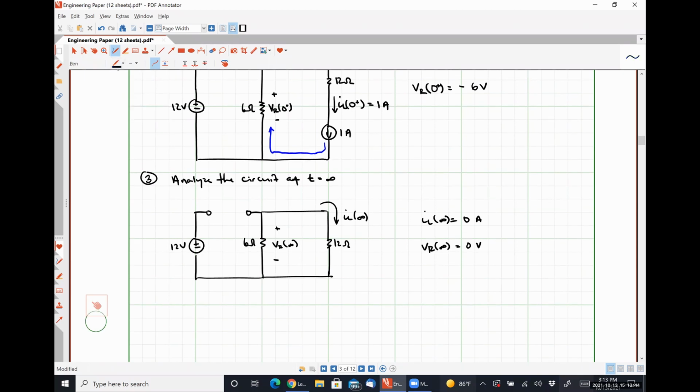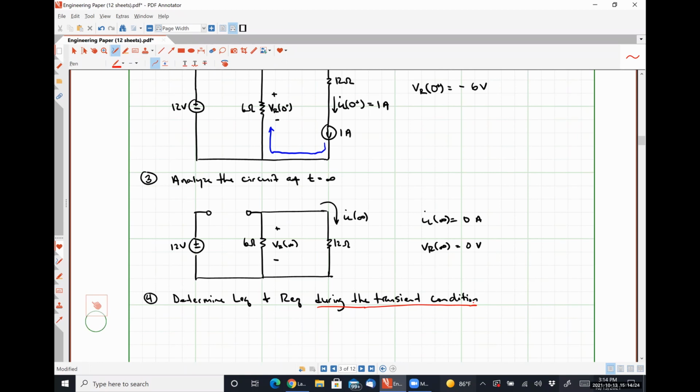So step 4 is going to be determine LEQ and REQ during the transient condition, and I'm going to underline that during the transient condition part in red, so that I'm drawing your attention to that very specific statement, because we're analyzing this circuit during the transient condition.